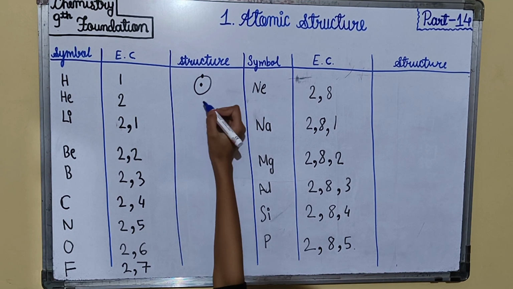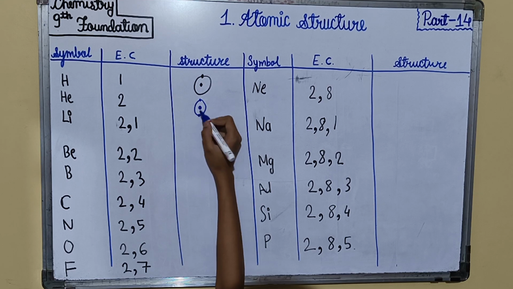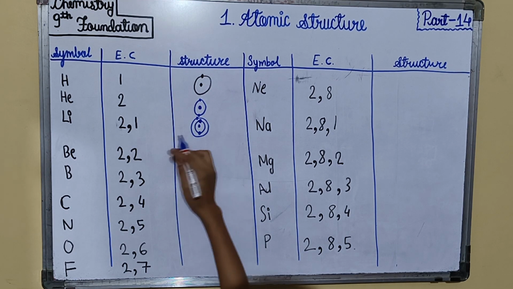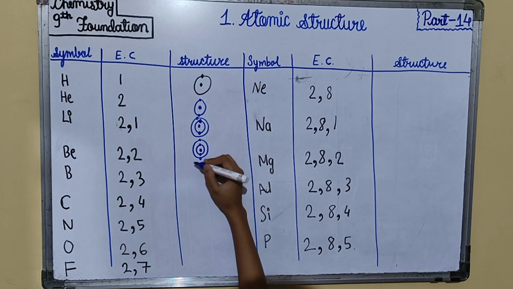Now the structure. Helium structure would be this neutron plus proton, and these two are electron. Then lithium is this, 3 electrons. Beryllium is like this.